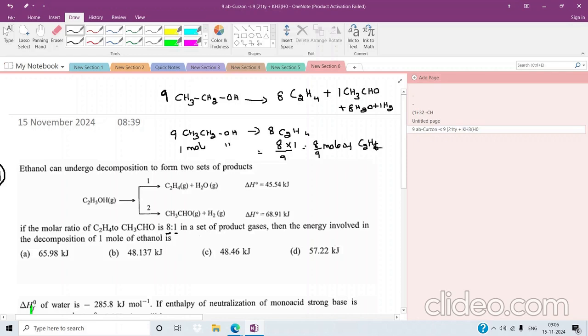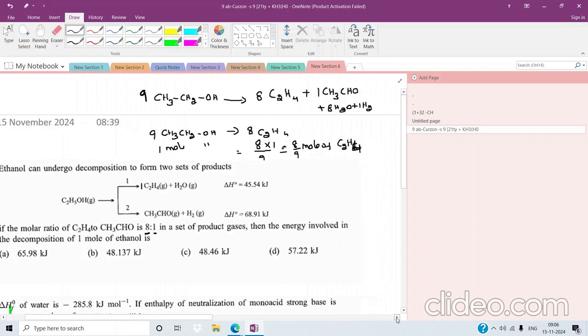So it is giving 8 by 9 mole of ethene. Look at this. If you are getting 1 mole of ethene, the energy involved will be 45.54. But if you have 8 by 9 moles, you have to multiply that energy by 8 by 9. So shall we do that?